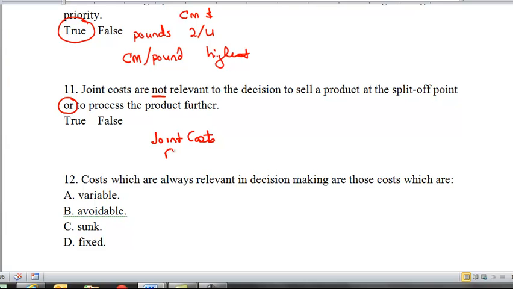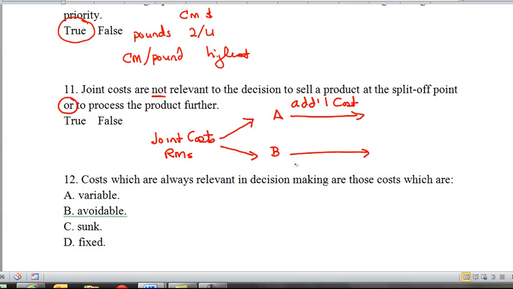The joint cost is processing raw materials, and once it's processed, two products come out of it, product A and product B. The joint cost is relevant to A and B because we experience a joint cost to produce A and B. And we can sell A and B for a certain revenue at this point. But we can also process further for additional cost.